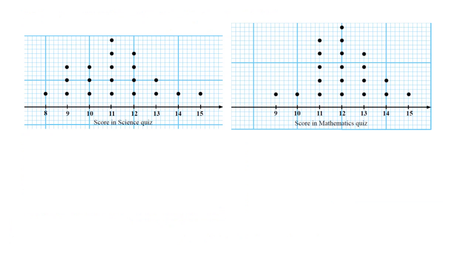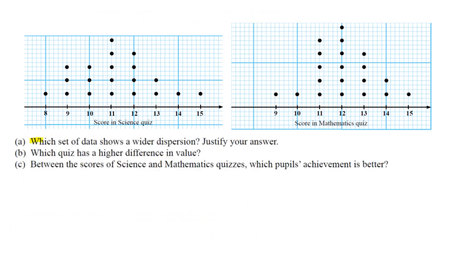Let's see. The question is, which set of data shows a wider dispersion? Wider dispersion. So you look at the score. The lowest score for science is 8, and the highest score is 15. And for maths, the lowest score is 9 and the highest score is 15.